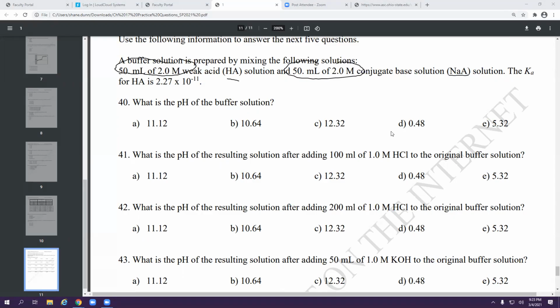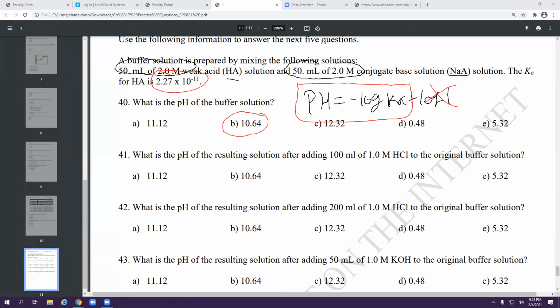So if I use the Henderson-Hasselbalch equation, pH equals pKa plus log of 1, it's going to cancel that out. So I just take the negative log of the Ka value and I'll get an answer. The Ka is 2.27 times 10 to the negative 11th. If you do that, you get the answer B.